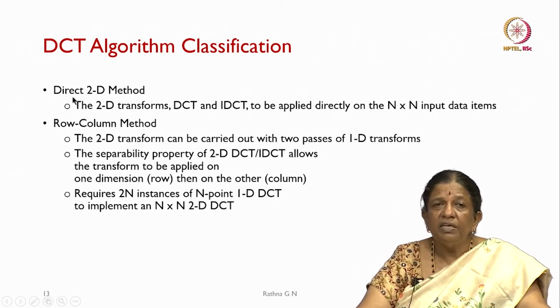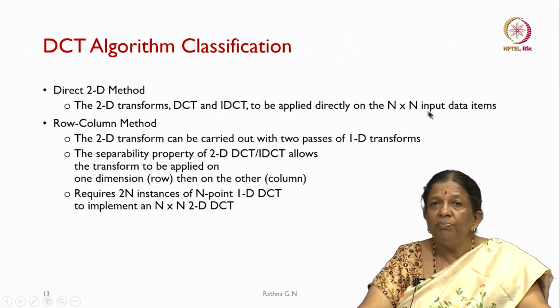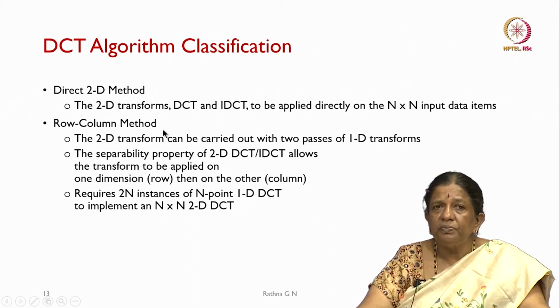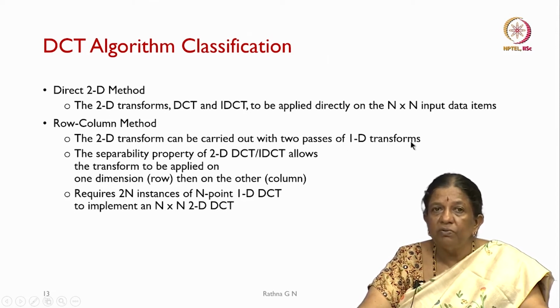Either we can do the direct 2D method. This 2D transform, what we call both DCT and IDCT, is applied directly on the n by n input data items, or we can go with the row column method, that is the 2D transform can be carried out with 2 passes of 1D transforms.